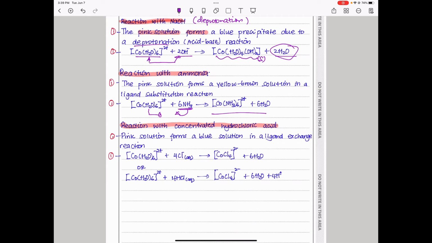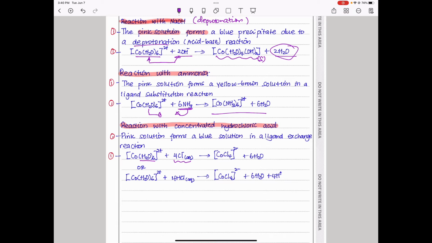And the last reaction is about a reaction with concentrated hydrochloric acid. When it reacts with hydrochloric acid, again, this is going to be a ligand substitution reaction. However, remember, chloride ligands are bigger in size, so you cannot fit 6 around the central cobalt ion. So we only use 4 ligands, 4 ligands substituting the 6 ligands, because you cannot fit 6 chlorides around the cobalt.